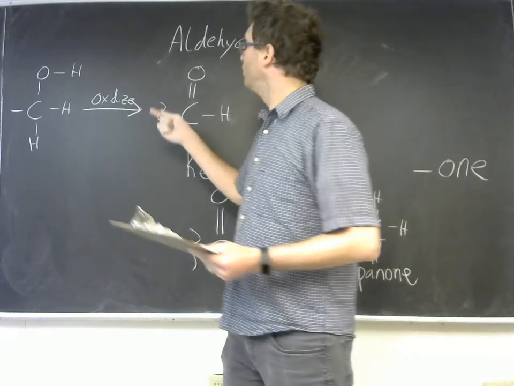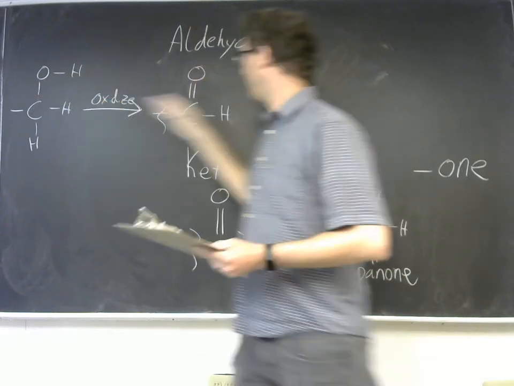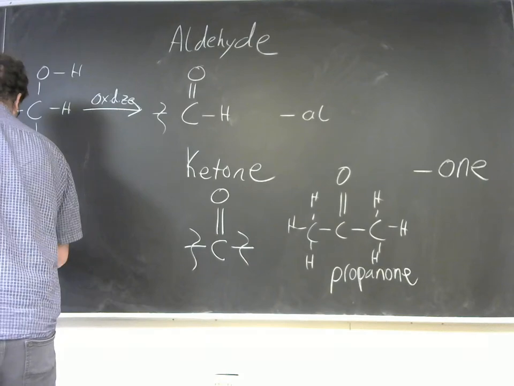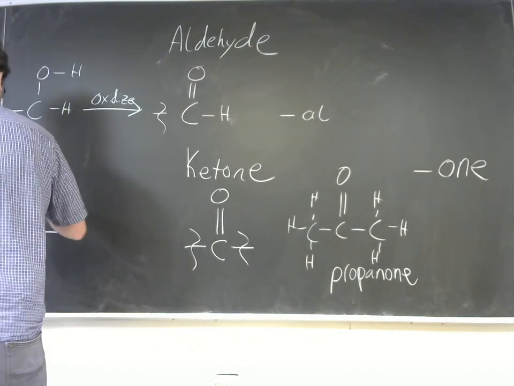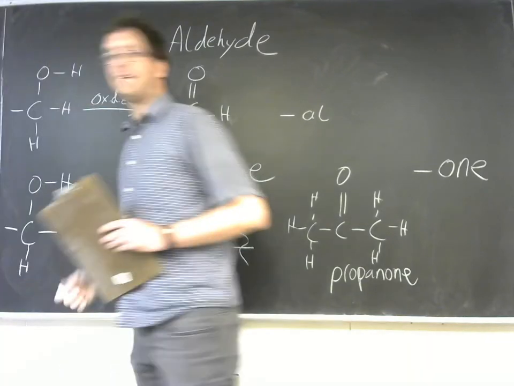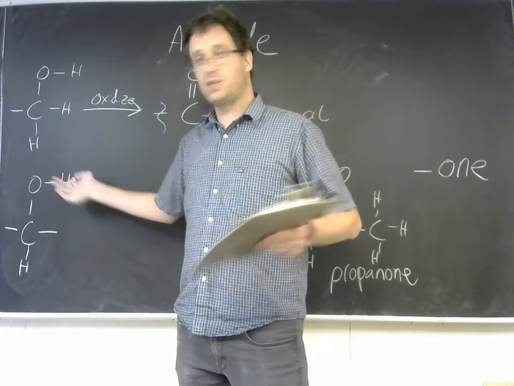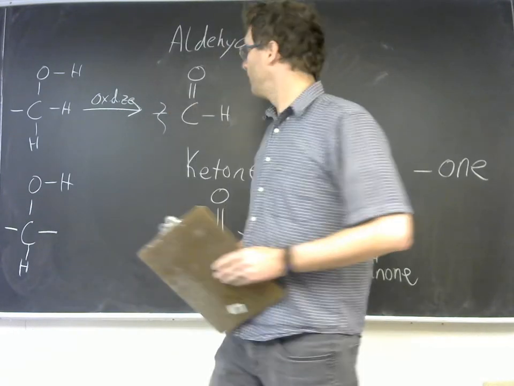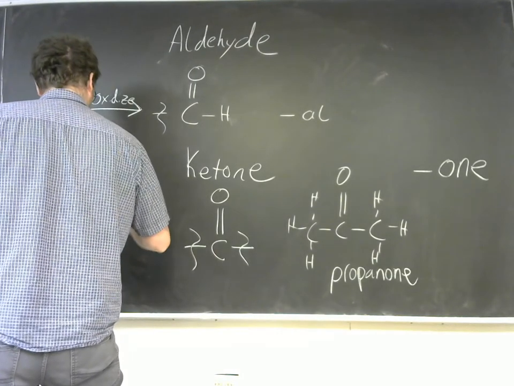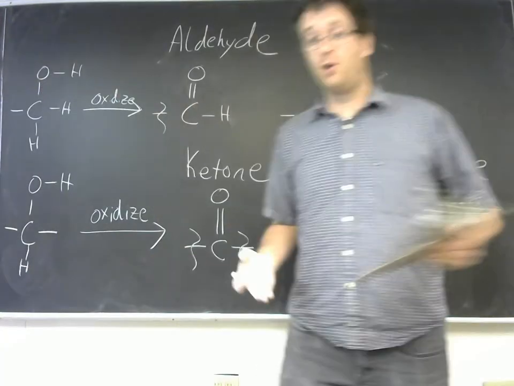It will lose 2 hydrogens, and it will change this single bond to a double bond to make it into an aldehyde. If I have a secondary alcohol, so this is an alcohol that is on a carbon in the middle of a chain that has 1 hydrogen here, and I oxidize a secondary alcohol, then it will form a ketone.